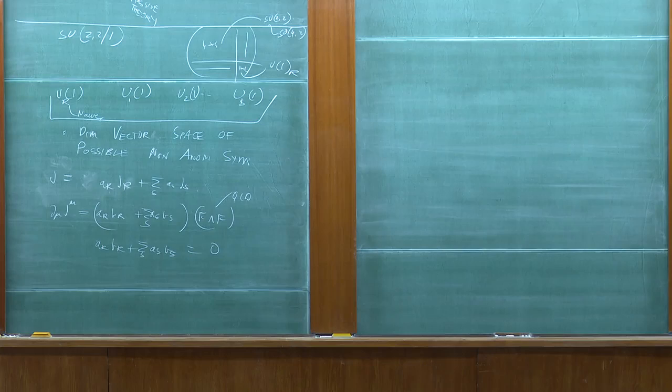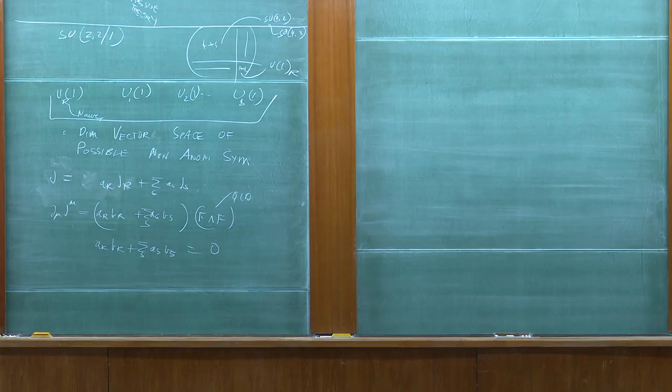Any choice of A's that satisfies this one equation gives you a non-anomalous symmetry. This defines an S-dimensional vector space of possible coefficients. So if non-anomalous nature was your only constraint, then you don't really know what the R symmetry is.